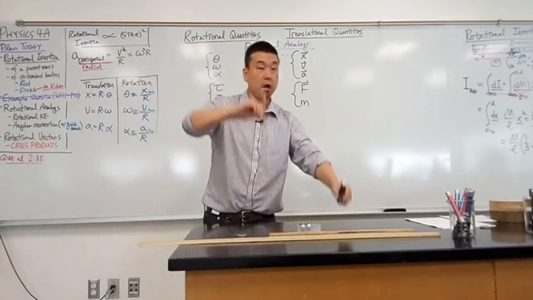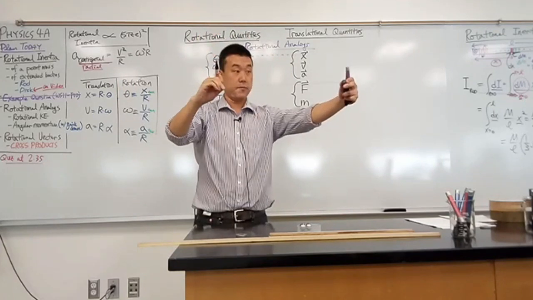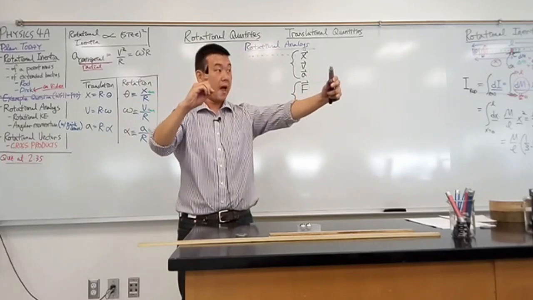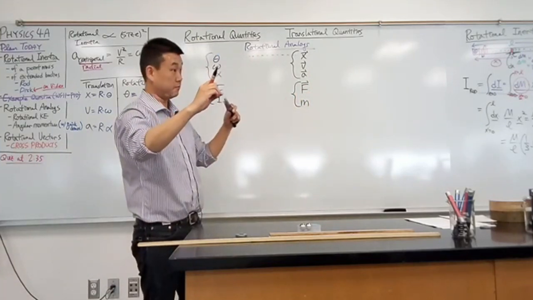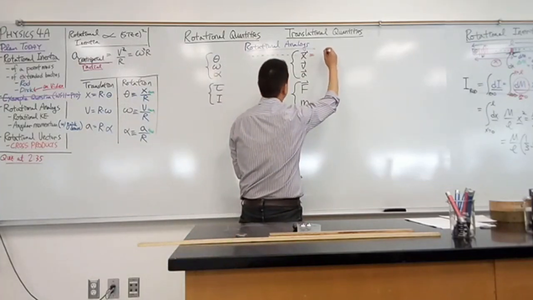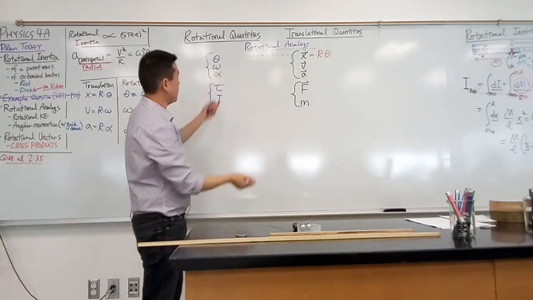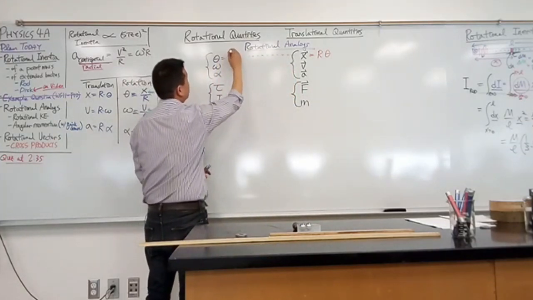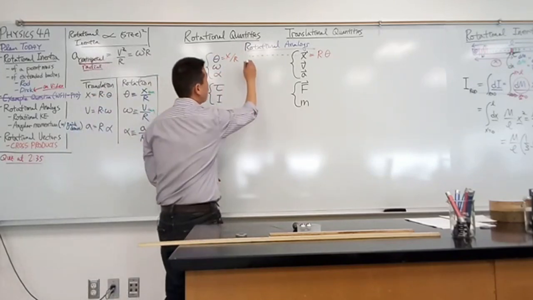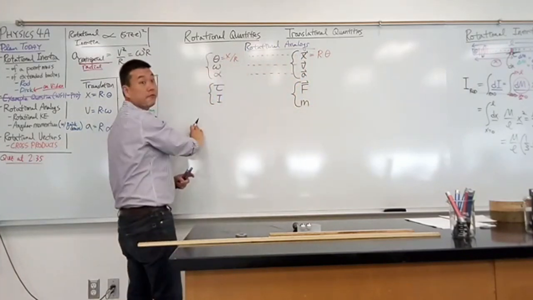So if I'm talking about the distance that this ball travels from here to over here, then I can express it as the radius times the angular position, right? So I can say this distance here is some r times the angular position, or invert that relationship and say this is x over r. So I won't write down all of them since I already did. So there's the one-to-one analogy between every quantity here and every quantity here.